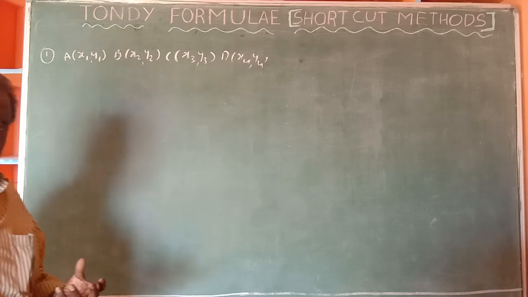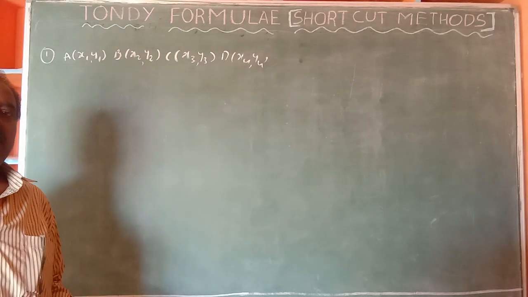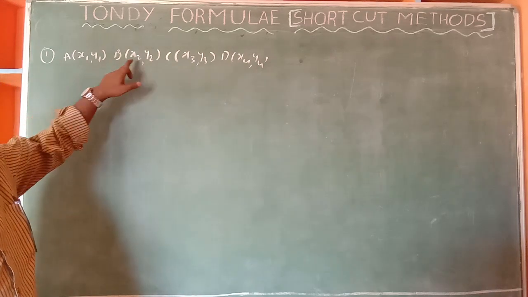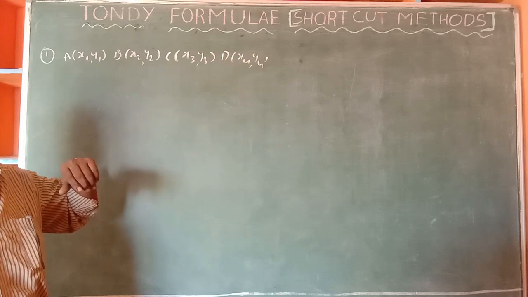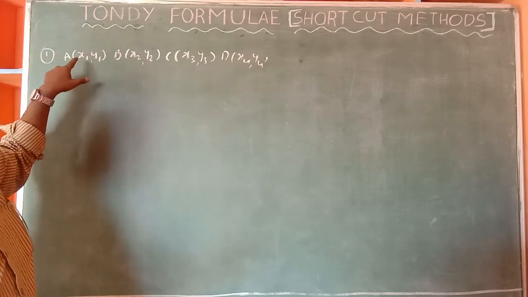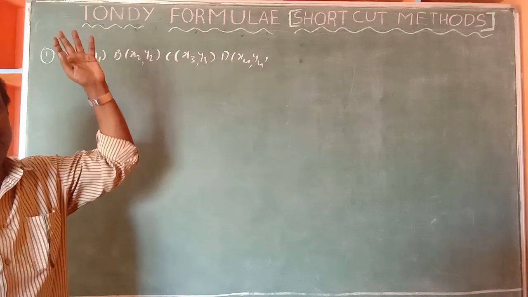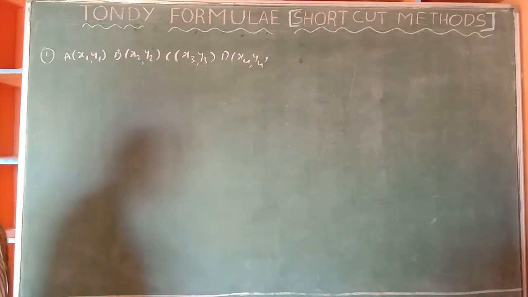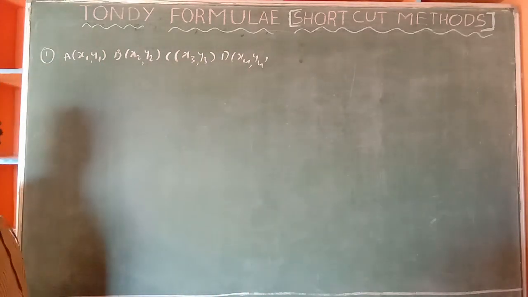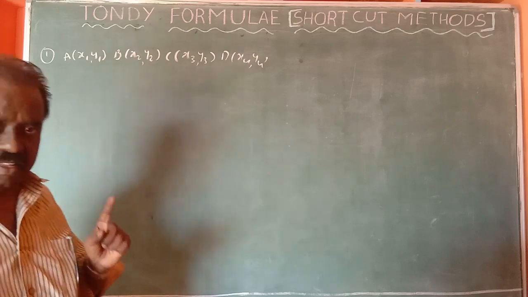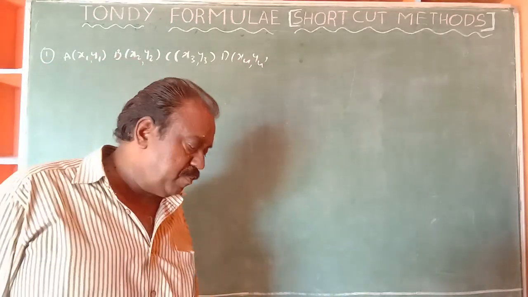We are given the vertices of a quadrilateral. Here I am taking x1, y1, x2, y2 generally as variables, but in the problem, 4 points like (1, 2), (5, 7), (10, 11) are given, which are vertices of a quadrilateral. Then we are asked whether it is a square, a rhombus, a rectangle, or a parallelogram.